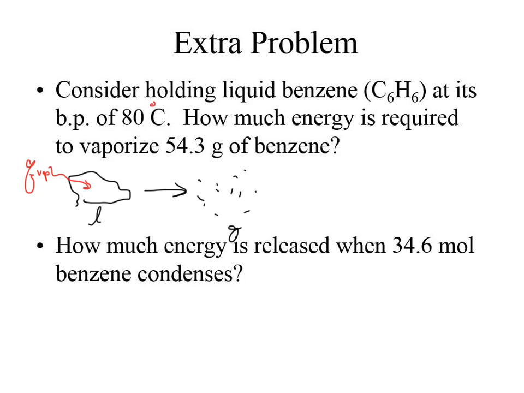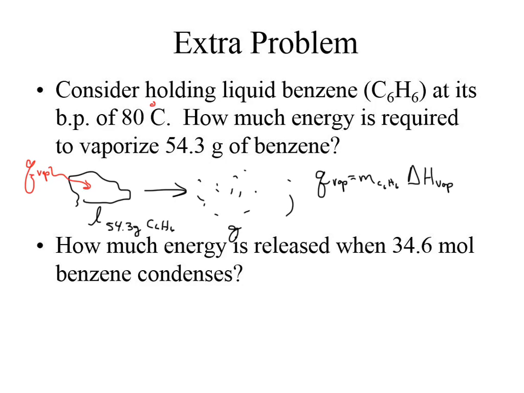Basically, that's what we have going on here. The mass doesn't change. The mass in both cases is 54.3 grams of C6H6. So if you're trying to knock out the Q of vaporization, it is equal to the mass of the C6H6 times the latent heat, delta H of vaporization.